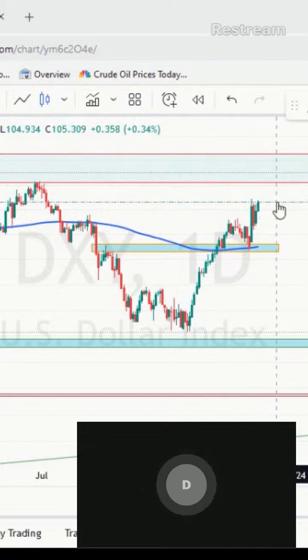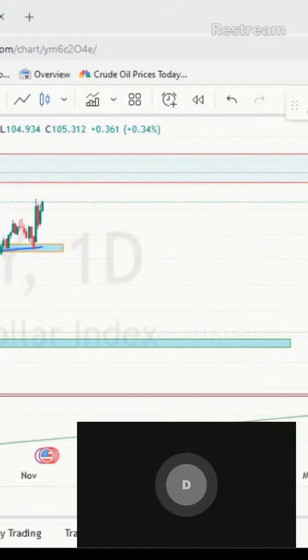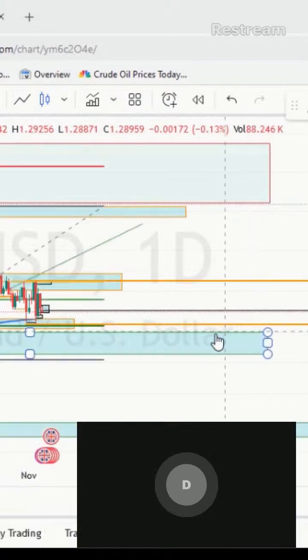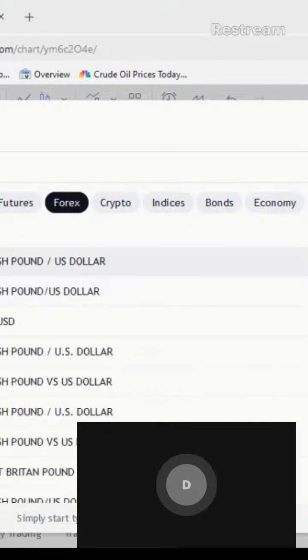But on the USD pairs where the USD is the base currency, we have to buy. So we have a strong dollar index, which means on GBP USD and Euro USD we go and look for sell opportunities. Now let's go to GBP USD and see what it currently looks like. Can we position ourselves for a sell on GBP USD?